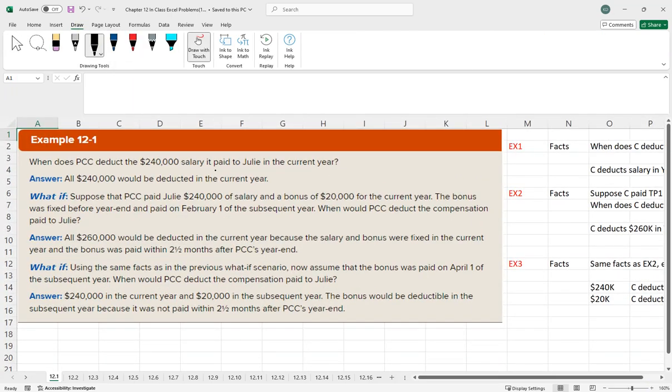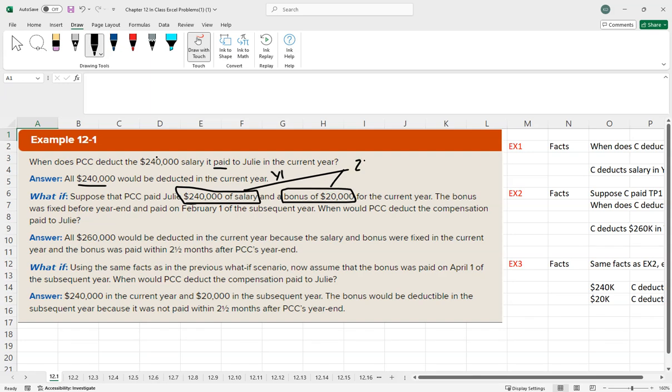So the facts here, they say, hey, we paid $240 to the employee in the current year, in year one. So you're going to get the entire deduction in year one. The next thing they say is, okay, we paid the employee $240,000 of salary and a bonus of $20,000, so we're in this for $260 in total.